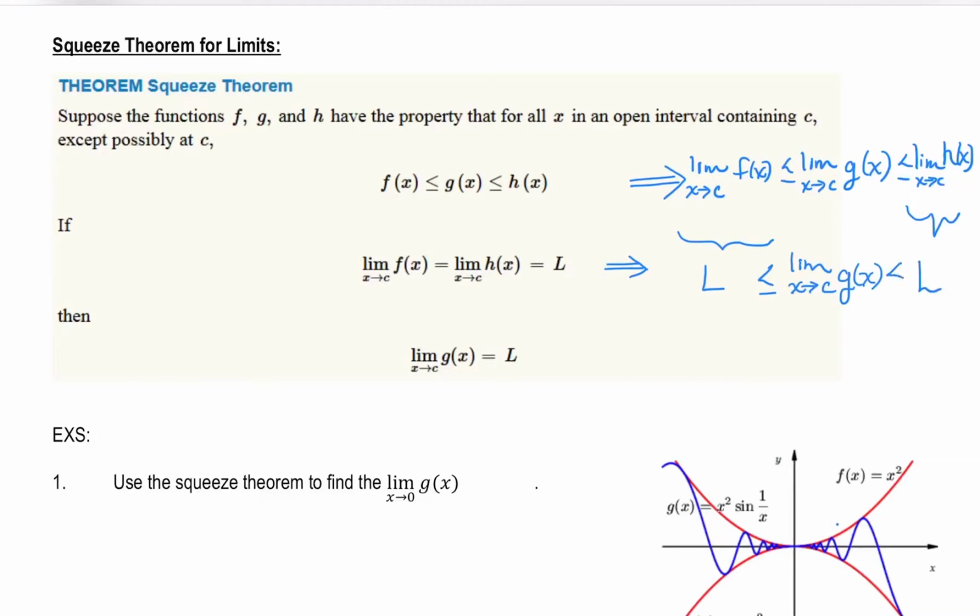I have that it is both greater than or equal to L and less than or equal to L. Well, in order for that to be true, that of course implies that this limit has to equal L.